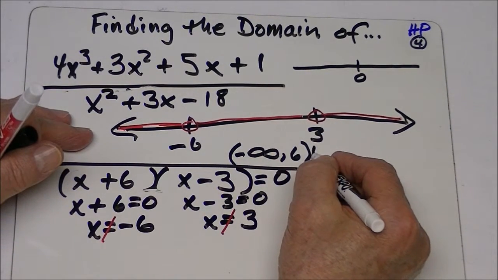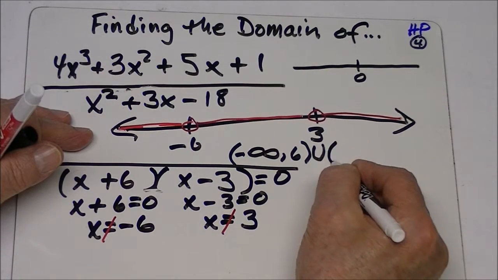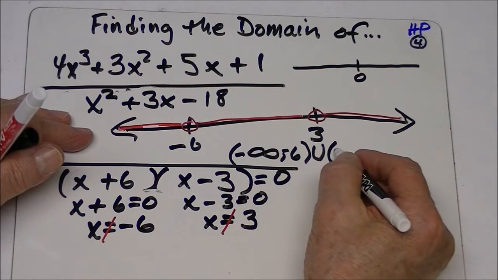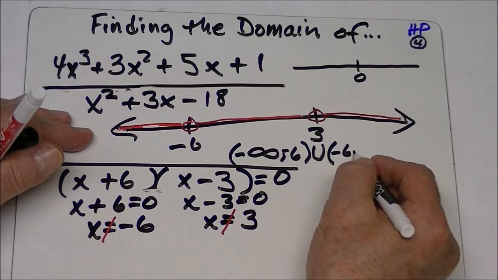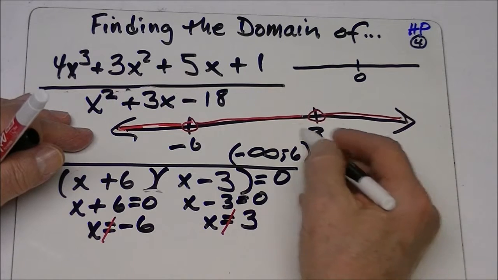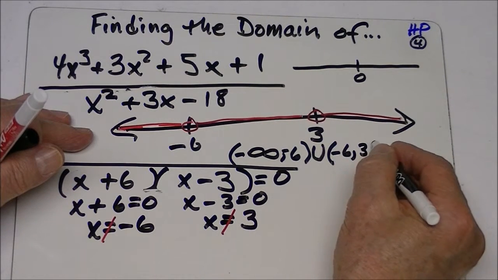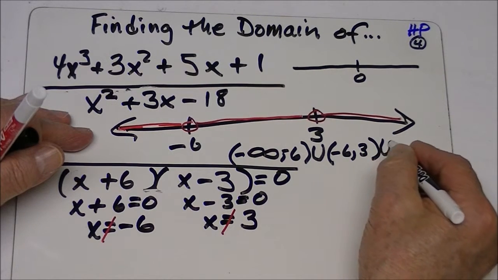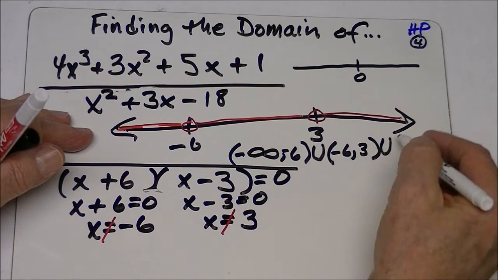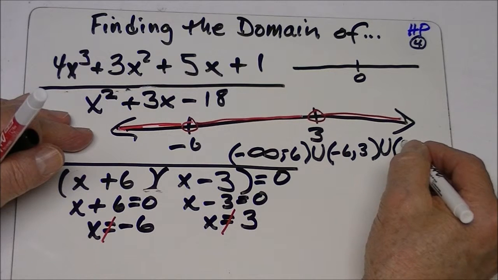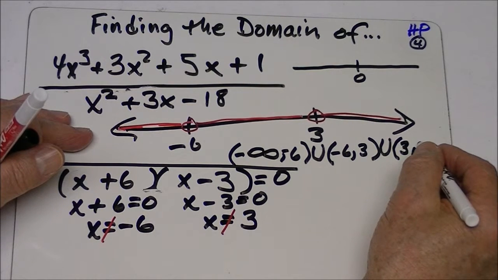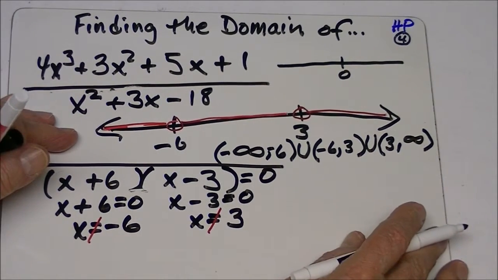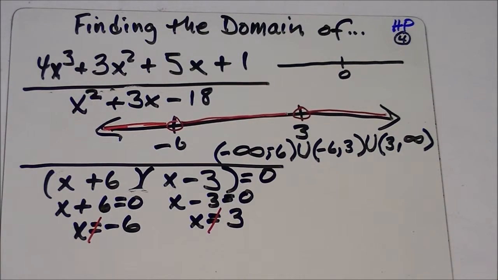But then we put the union symbol, and then it's starting at -6, the other side of -6, and goes up to 3. Again, 3 is not included. The union symbol again, and then on the other side of 3, it starts again and goes to +infinity. So there's our basic values.